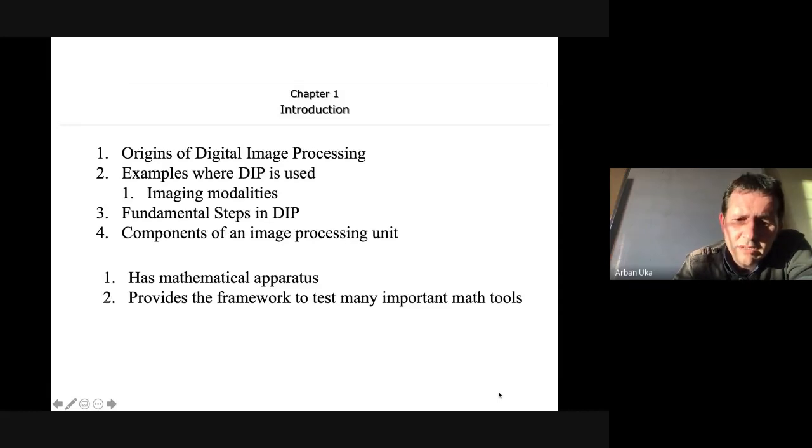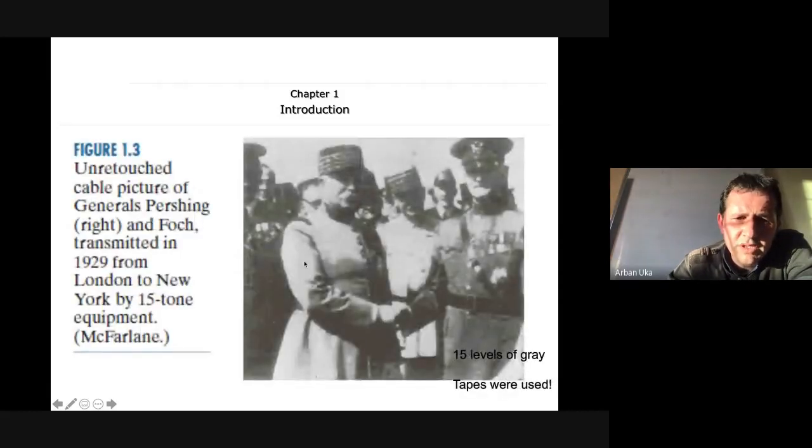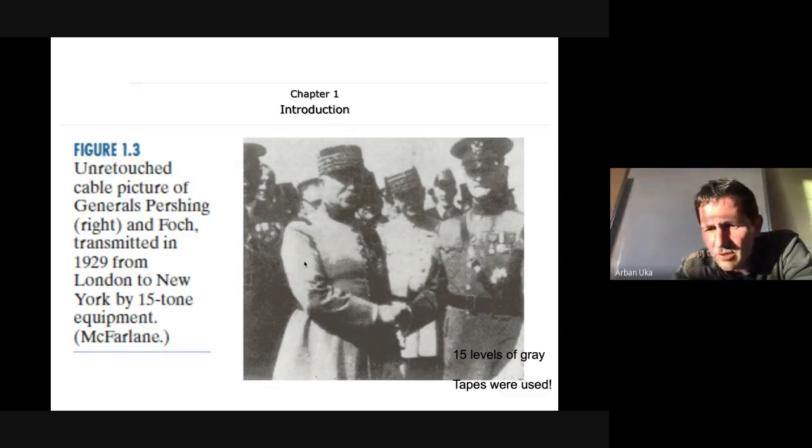Okay, let's continue. So here we see another cable picture, which was dated from 1929, and apparently we have here 15 different levels of grayscale, and this is the image we have obtained. At that time, tapes were used, and the technology of tapes has actually been used for a long time.